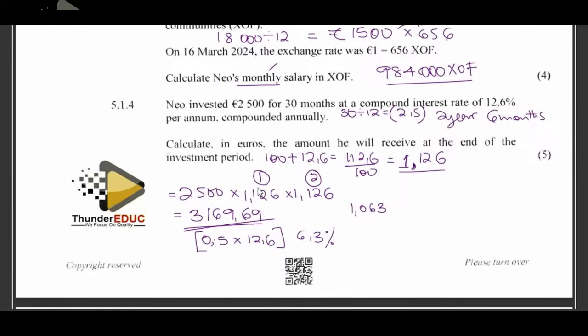You see that? So how much will it be? Remember, we shall pick the money at the end of the 2 years. So the final amount will be 3169.69, and the answer becomes 30,600. Don't forget these are euros.